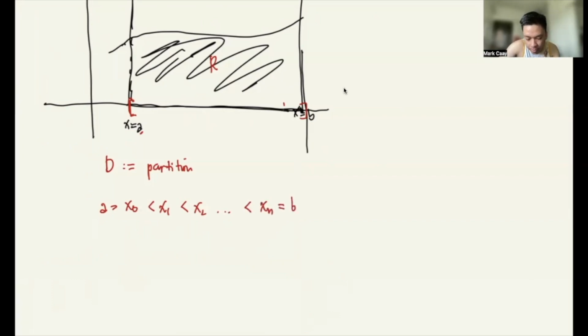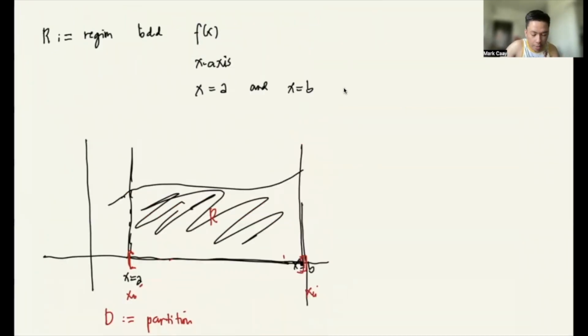So this is x sub 0, this is our x sub n, then x sub 1, and so on until we reach the other side. This is only a finite partition. So what's the message here? We have partitioned this interval on that given region.